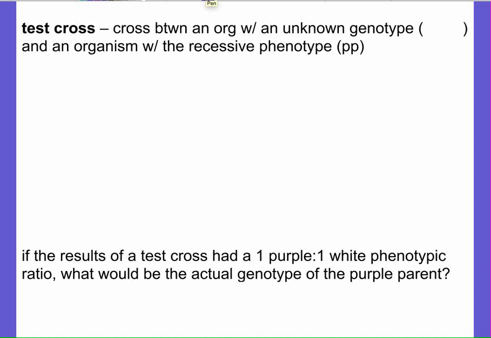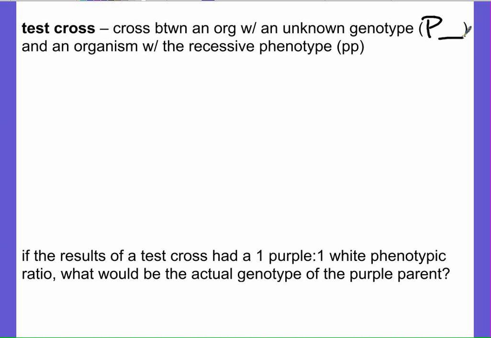Mendel can do a test cross now to decide whether that offspring is homozygous or heterozygous. The only thing we did know about the genotype was that there was at least one capital P. If you see purple, that has to be true. But I don't necessarily know what the second letter is going to be. So that's why I would perform a test cross.